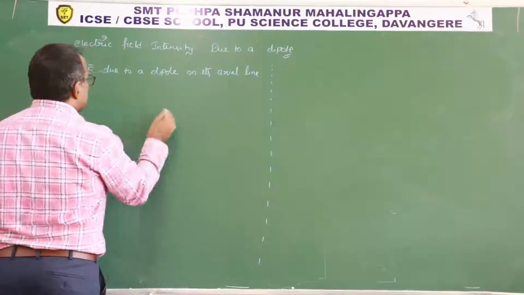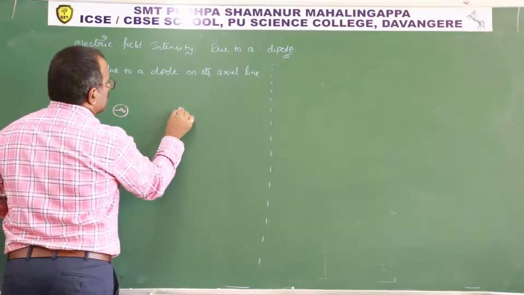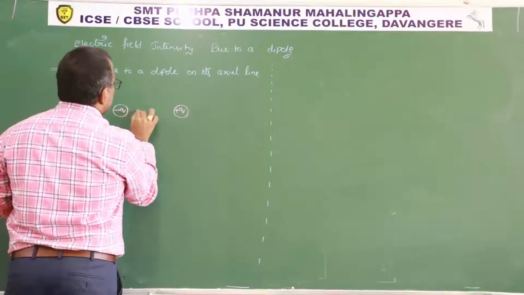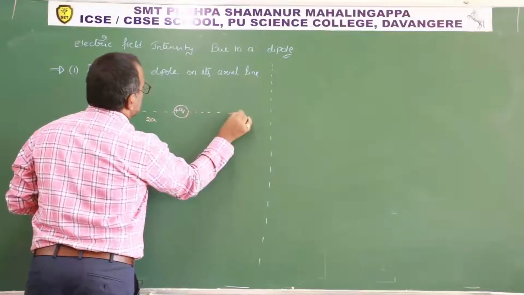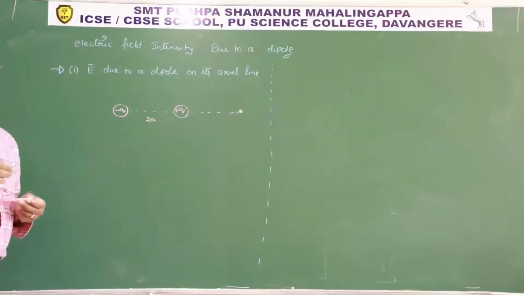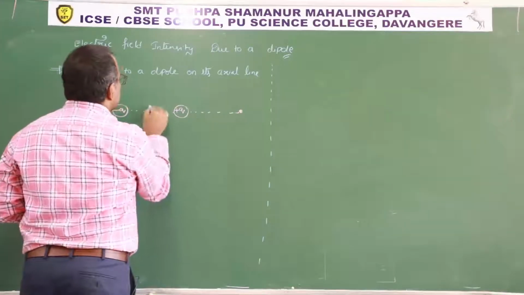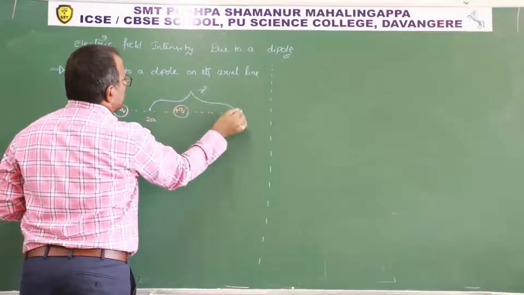What do you mean by axial line? Yes, this is minus q, this is plus q, axial line, and this is 2a. Axial line means, yes, here that is called the axial point. And every distance first of all should be measured from the center.